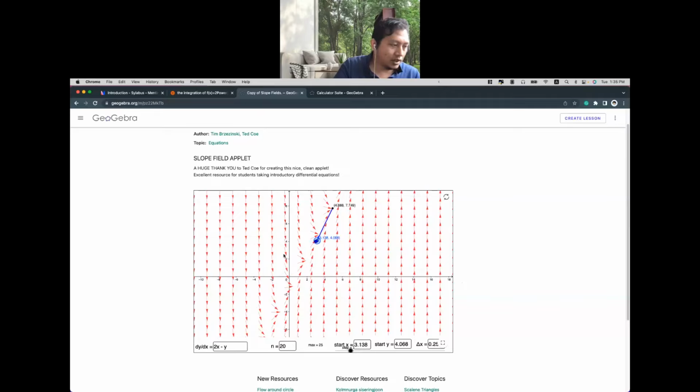Okay, so basically this is how you can find solutions. The red line here with arrow is actually a slope. So this is a bunch of slopes inside one of the graphs, and what this means is this is our equation, and basically we are plotting point by point and then making this red line.